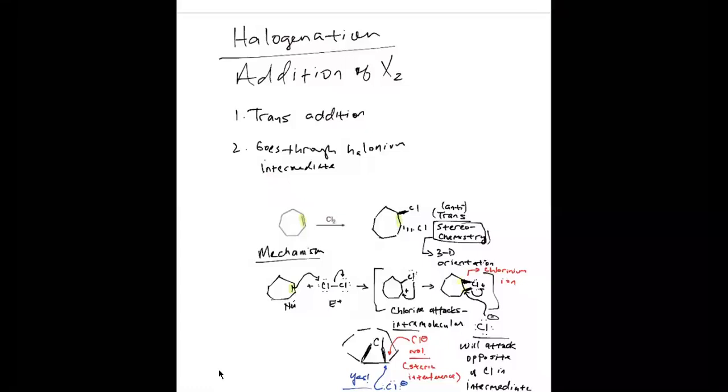The intermediate is the reason why you get the trans addition, because the intermediate is going to form in such a way where the two halogens have to be on opposite faces. All right. Any other questions about anything?